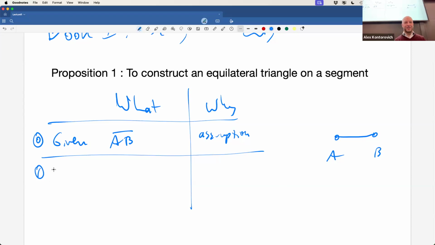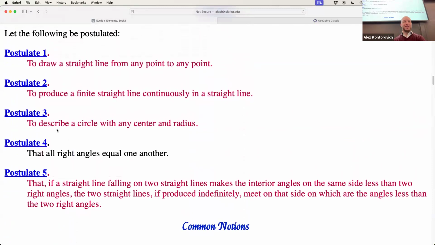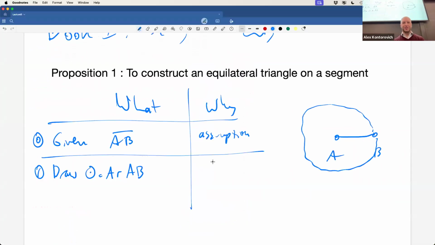Draw a circle. Let's draw a circle centered at A with radius AB. Why can we do that? There's a postulate that says we can draw a circle given a center and a radius. That's postulate 3.